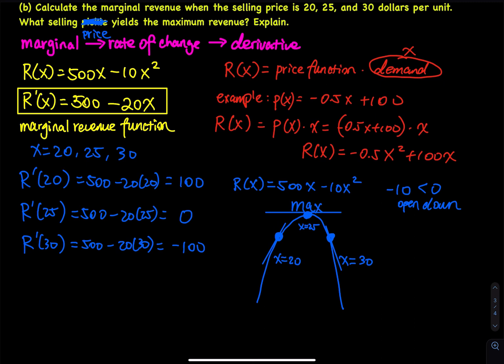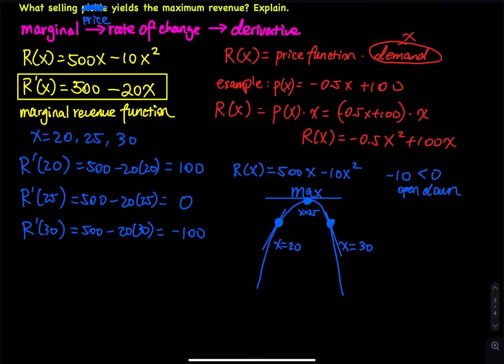The answer is yes. So first of all, we have to recall that R prime of x equals 500 minus 20x. All right, so this is the marginal revenue function, and this stands for the slope. At the maximum, look at the graph. At the maximum, what is the slope of the curve? At the maximum, the slope of the curve equals 0.